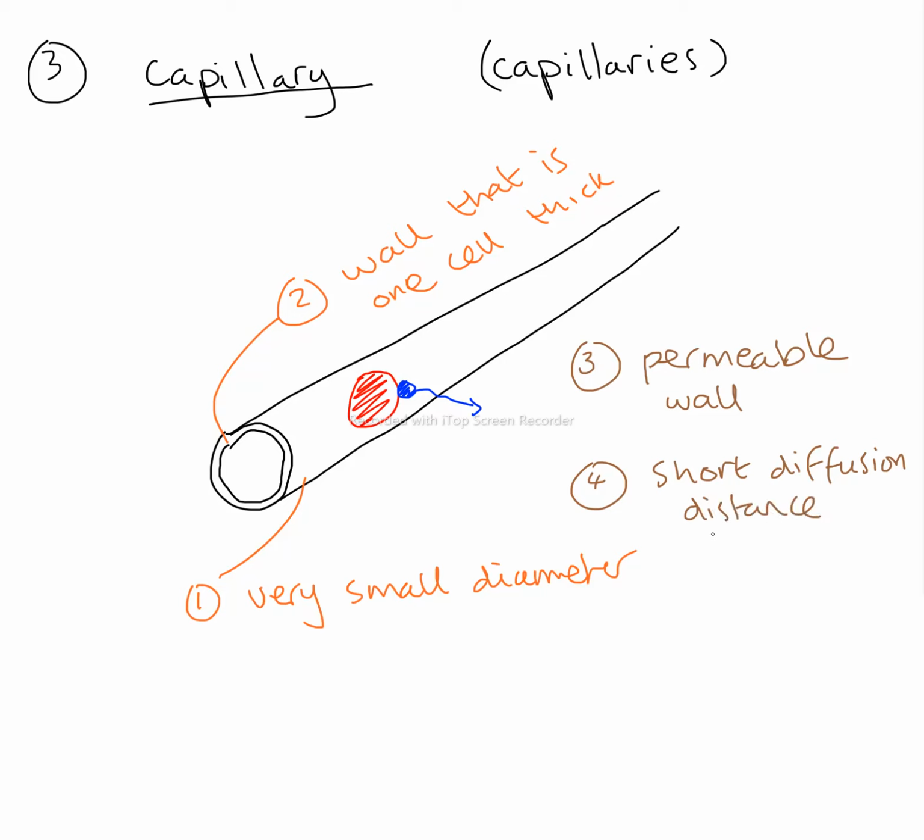It has a short diffusion distance for the movement of oxygen. Yeah, for oxygen to diffuse across. So all these features make it suitable for its purpose, where it's going to transfer oxygen to the organs that it's going through.